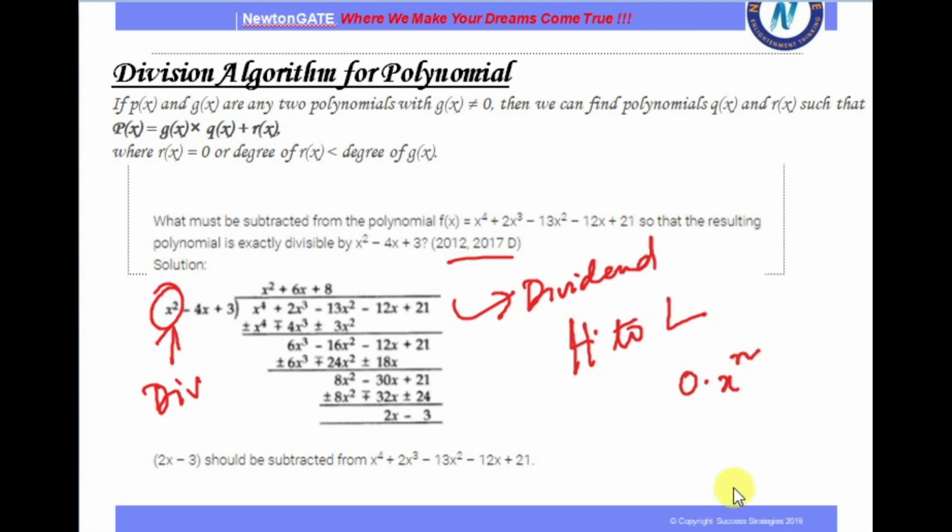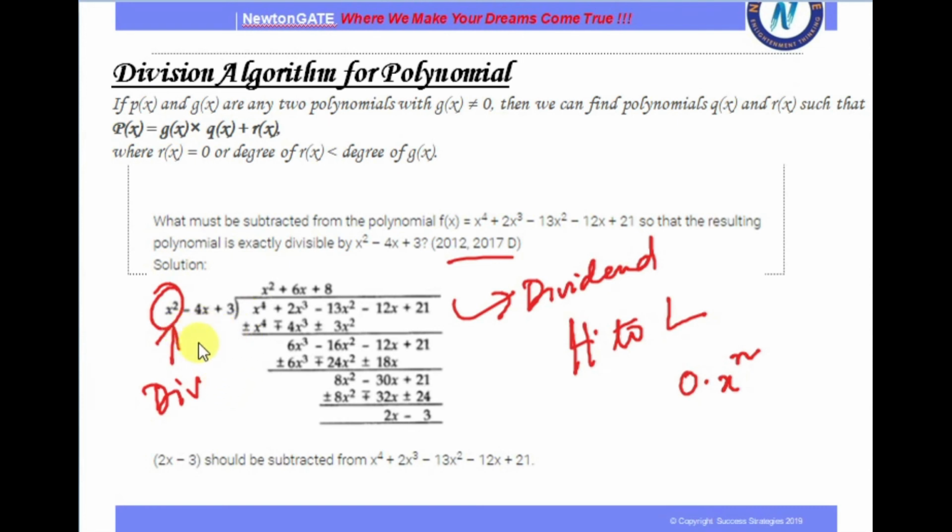In that way, you will find it easier to solve the sum. And for the divisor also, if it is not given in a proper manner, arranged from higher to lower, then you should arrange it properly. There is no need to add 0 times x to the power n if something is missing in the divisor.